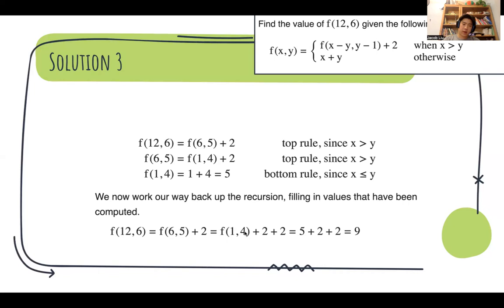So f of 1 comma 4 is 5, and then plus 4 is equal to 9. Personally, I prefer the way that we did it in solutions 1 and 2, but if this way makes more sense to you, then feel free to do this.